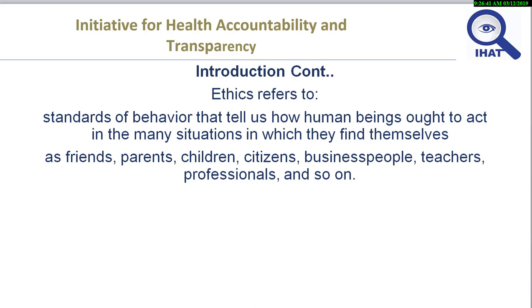Ethics refers to standards of behavior that tell us how human beings ought to act in the many situations in which they find themselves, as friends, as parents, as children, as citizens, as business people, as teachers, as professionals, and so on.